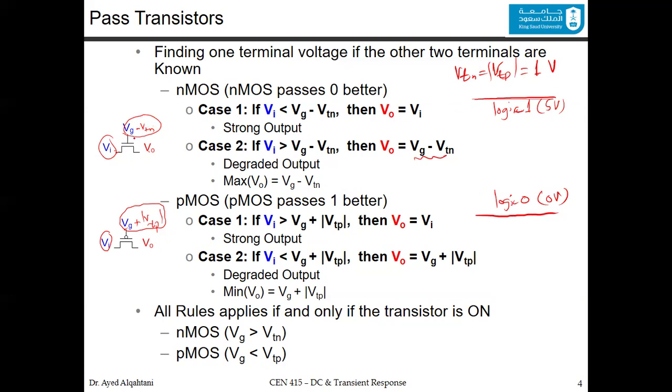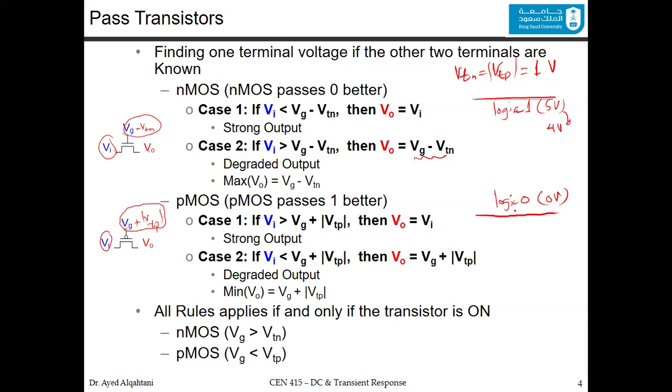So you take the lesser value, which is 4 volt, and it's going to be in the output. This means that the output is degraded from 5 volt, and it is now 4 volt. It's going down. So the degradation in the NMOS is actually a lesser value than the amount of the VDD. In our example, it's 4 volts, if we say that the VDD is 5 volts.